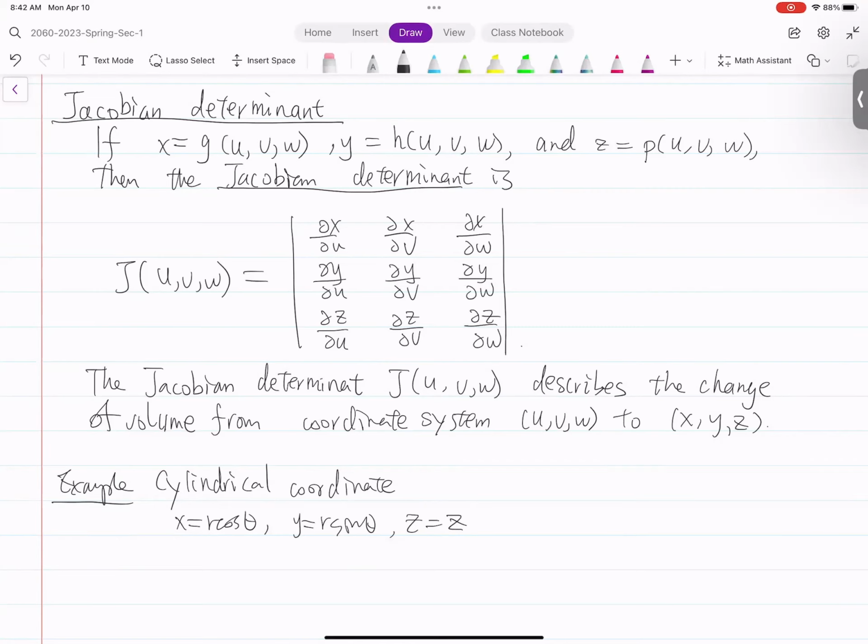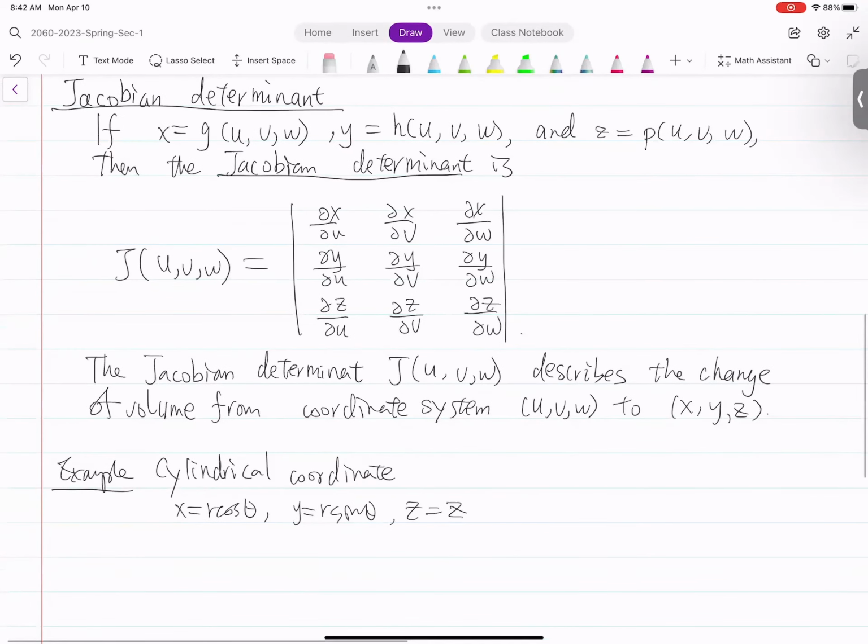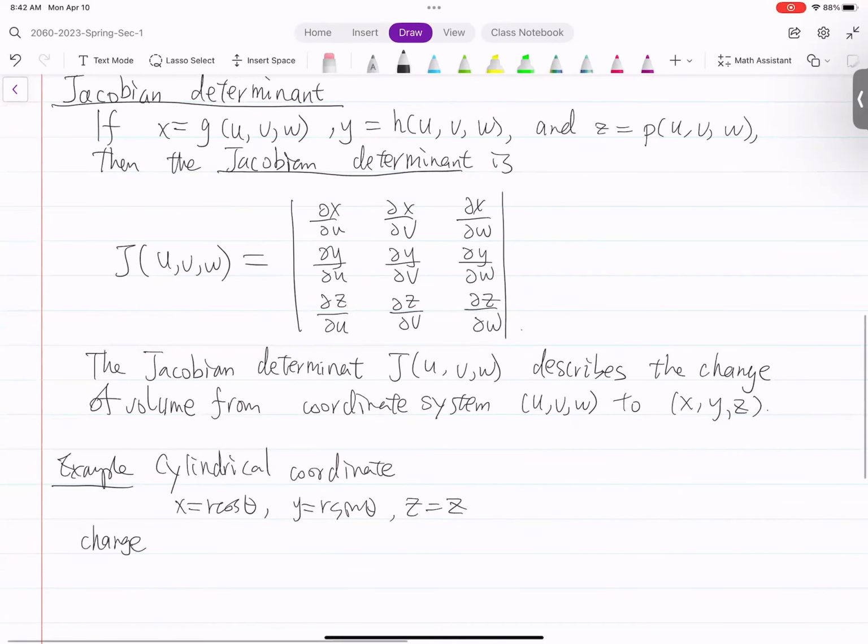So this changes the coordinate system from r, theta, z coordinates to the xyz coordinate system.